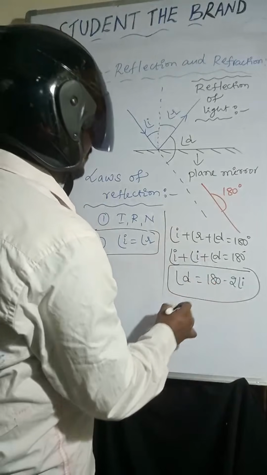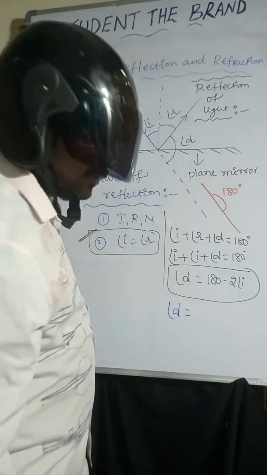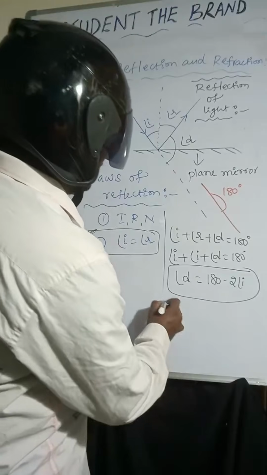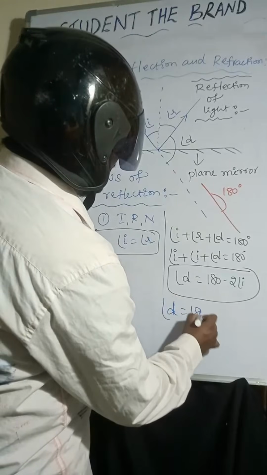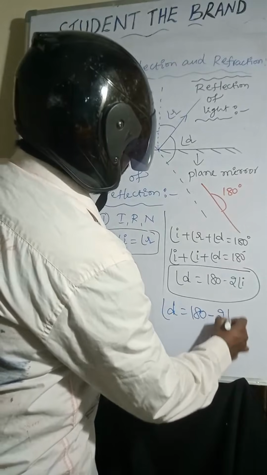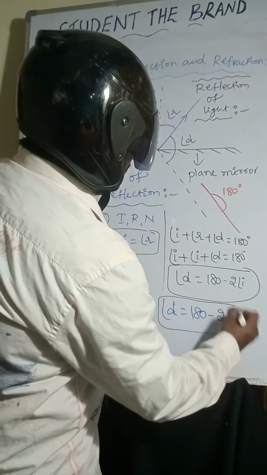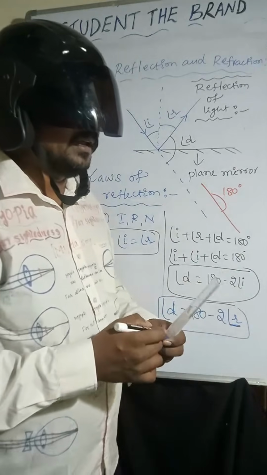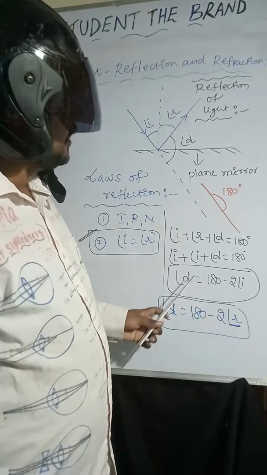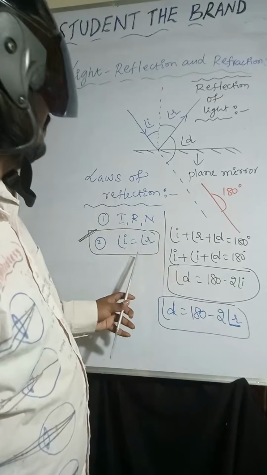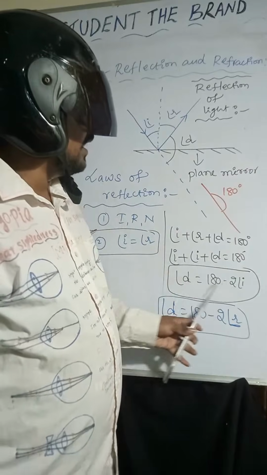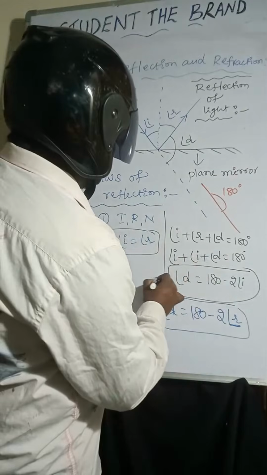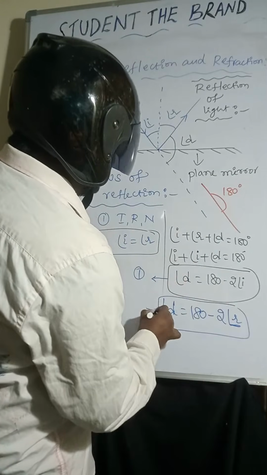Yes. Now the angle of deviation is equal to 180 minus 2 angle of reflection. Shall I take it like this also? Angle of deviation equals 180 minus 2 angle of incidence. So this formula I wrote with the help of laws of reflection. This is the first formula, and this one is the second one.